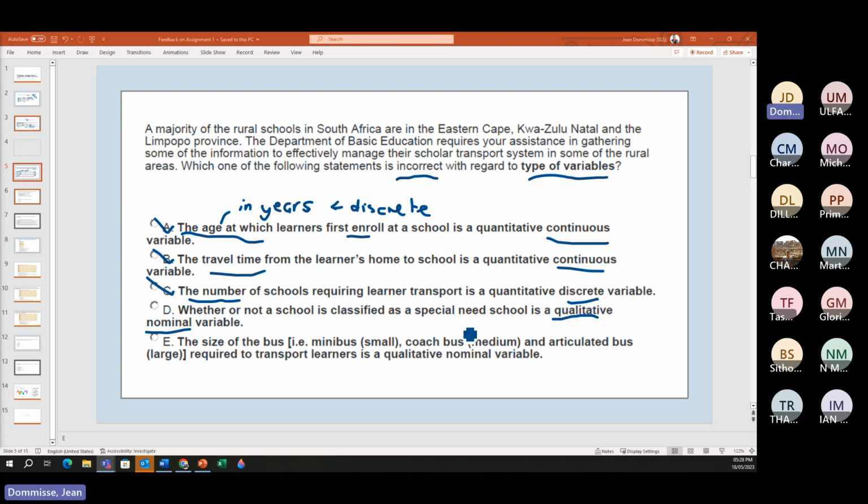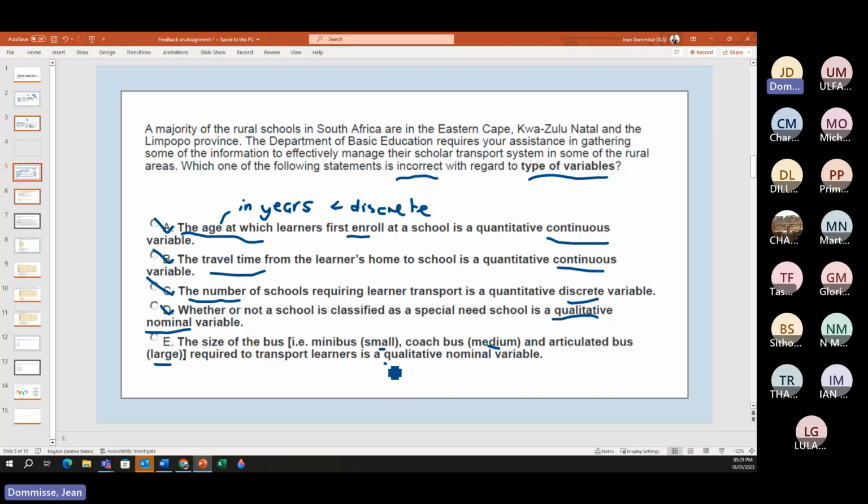Okay, so let's look at the next one. The size of the bus that transports the kids are classified as small, medium, and large.